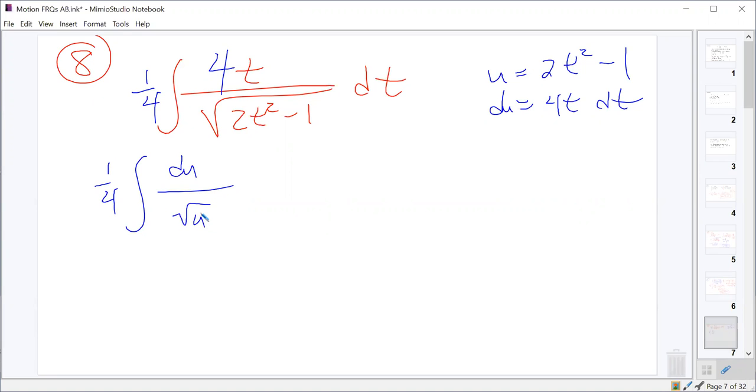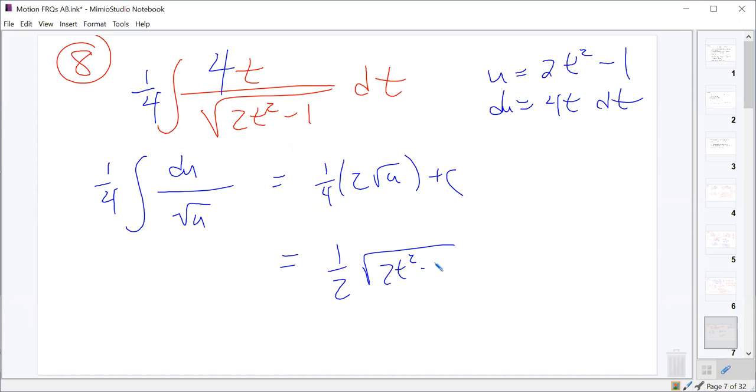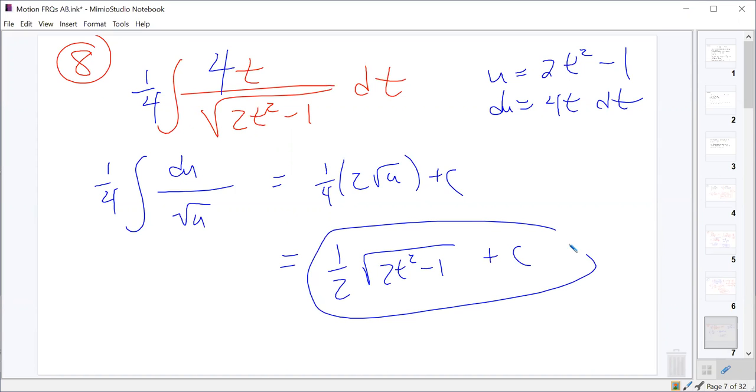And then that's the same integral as last time, right? U to the negative 1/2 becomes 2 root u. So we end up with 1/2 the square root of 2t squared minus 1. Make sense or no? You sure? Okay.